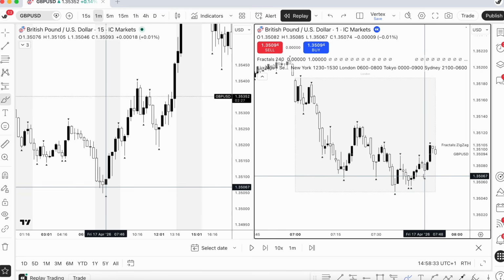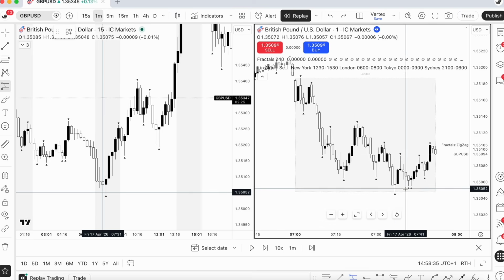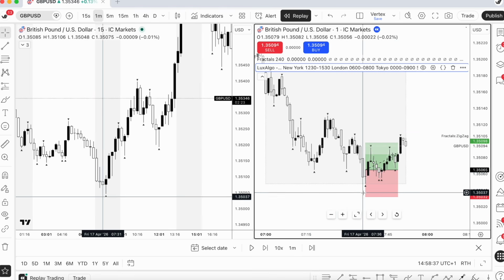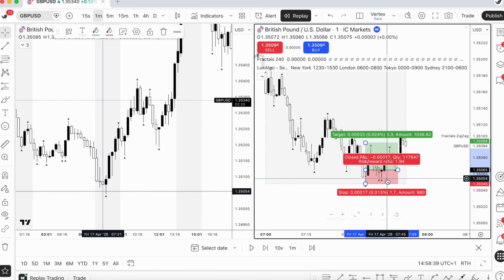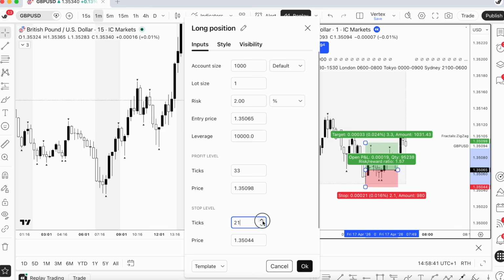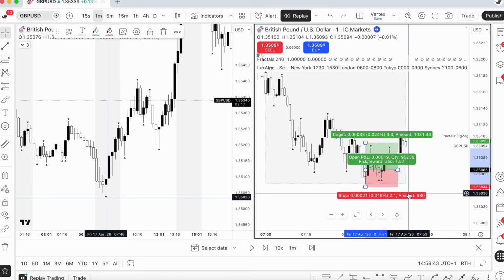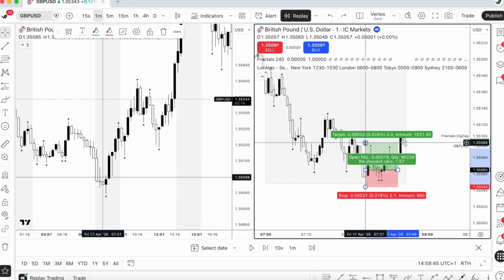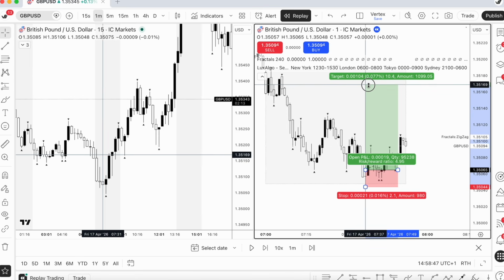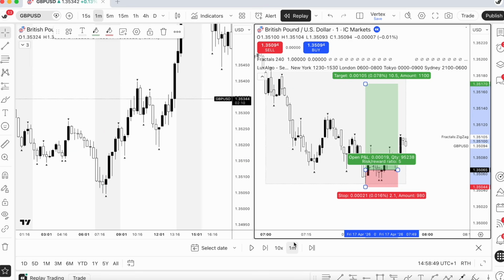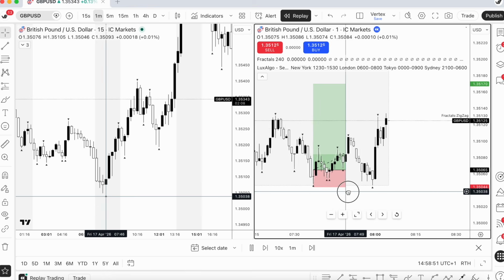So we have a major and minor sweep, and then we look to go long here with our stop loss below the low, which is there, and then in this case is a 5-hour target, which is here, and then as we know, it eventually hits.